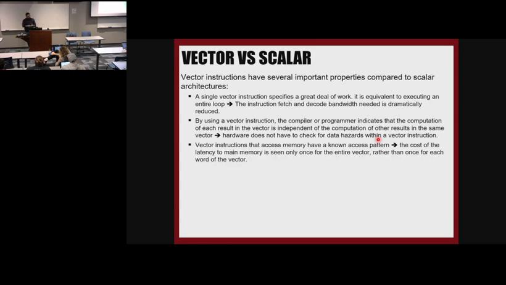But for vector operations, you bring a chunk of data to the register file and know that you are going to use that data. So you don't have to check the cache every time. It's a better way of handling the memory hierarchy. At least for the next 64 elements, I know that I should just work with the register file. I don't have to go back and check the memory. So this is a better way of handling memory. It's going to lead to less latency and so on.